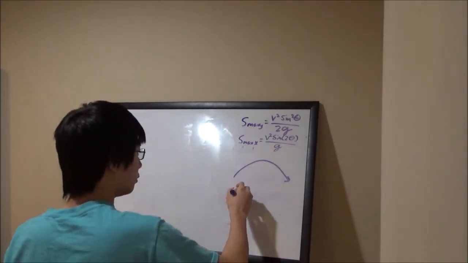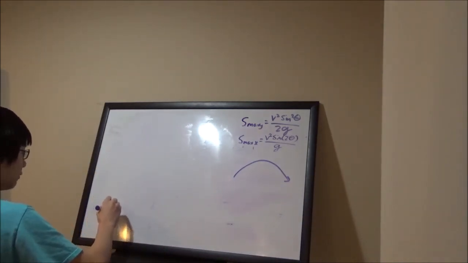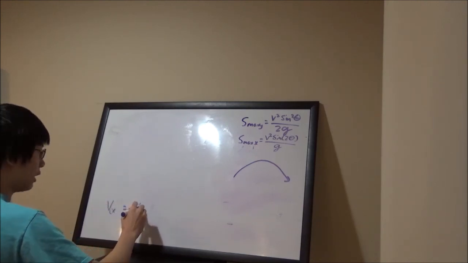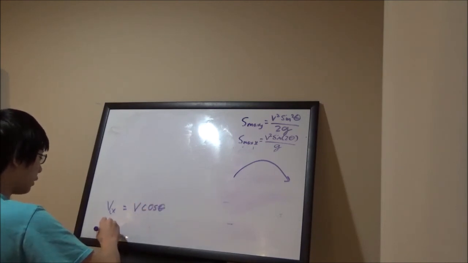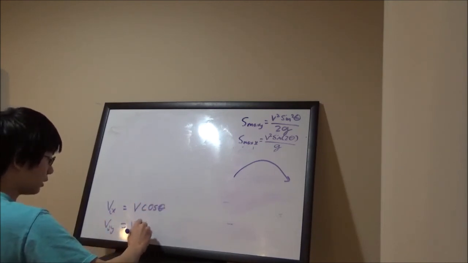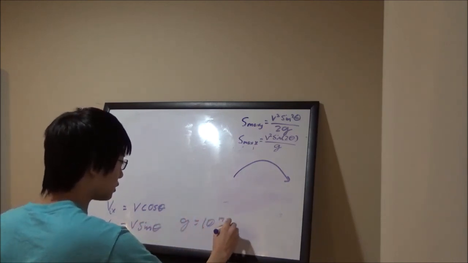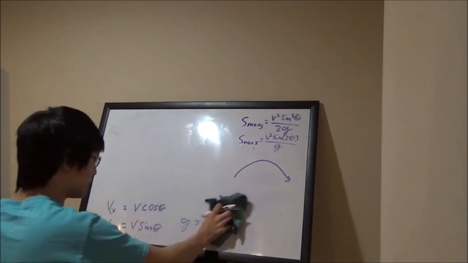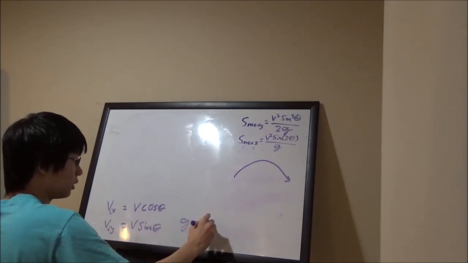And we assumed for all of the things we're doing that v initially in the x direction is v cosine theta, and we know v initial y is v sine theta. And we assume that g is 10 meters per second squared, positive. We don't have to assume it's 10 meters per second squared, we just have to say g is positive.